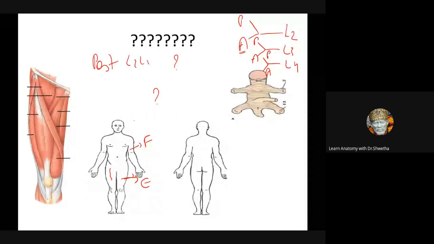Excellent, students. See, during embryological development, what happens during the 7th week? The limb buds are just like a lateral projection. At the 7th week of intrauterine life, the upper limb bud rotates laterally, the lower limb bud rotates medially. That is why the femoral nerve, which is from the posterior division of L2, L3, L4, which was supposed to supply the back, is supplying the front.